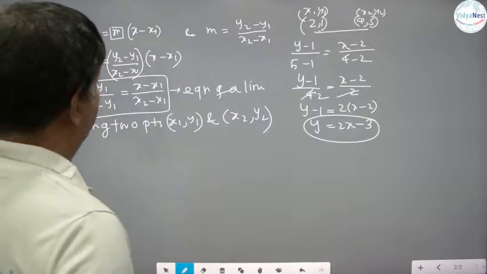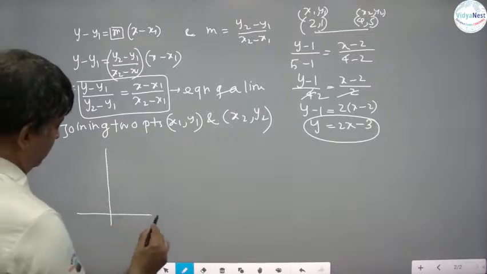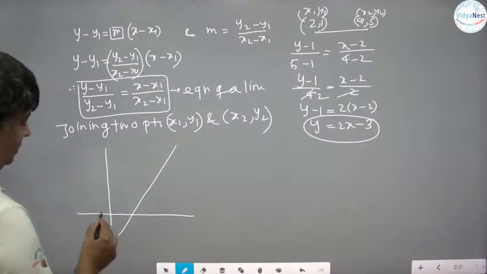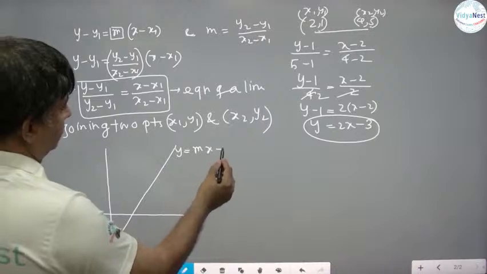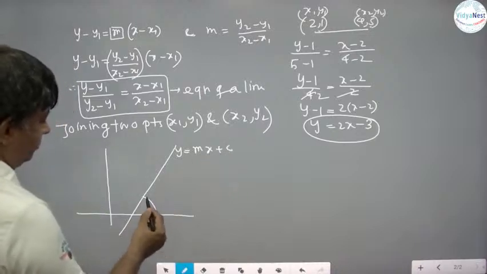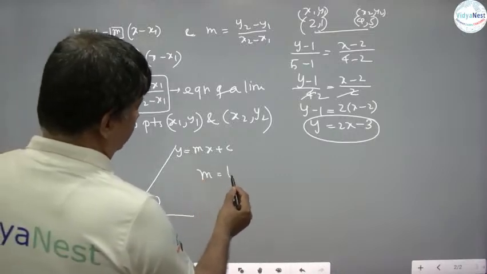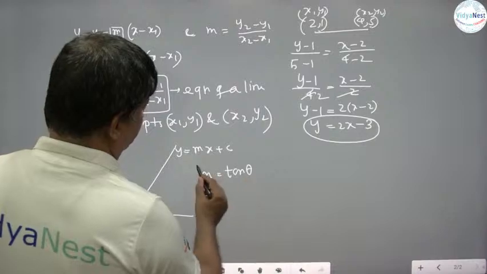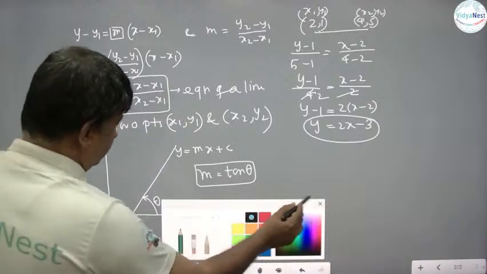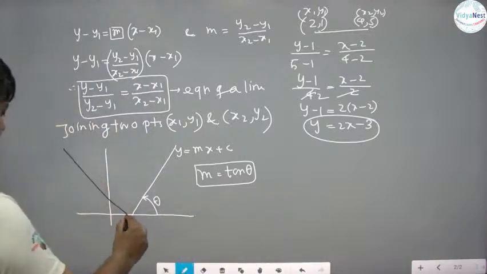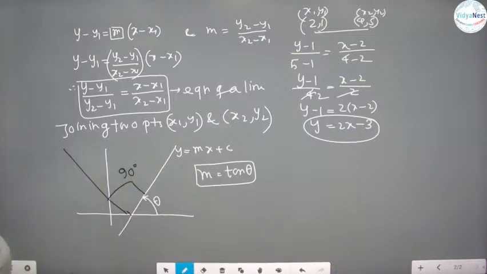Now, this is a line. m is tan theta. Now, one line is drawn perpendicular to it.